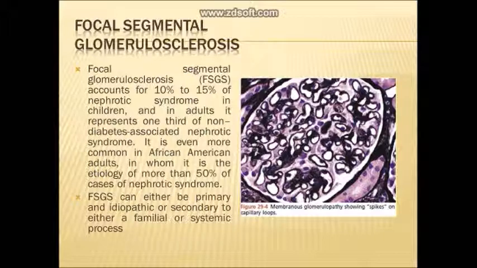It is even more common in African American adults, in whom it is the etiology of more than 15% of cases of nephrotic syndrome. FSGS can either be primary and idiopathic or secondary to either a familial or systemic process.